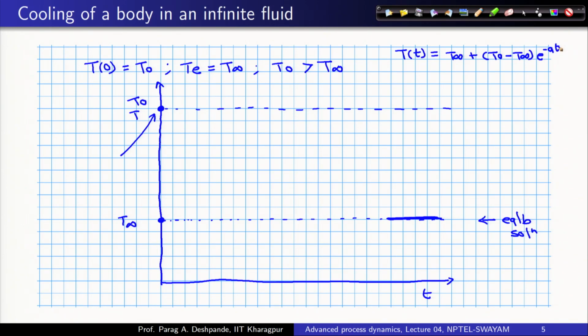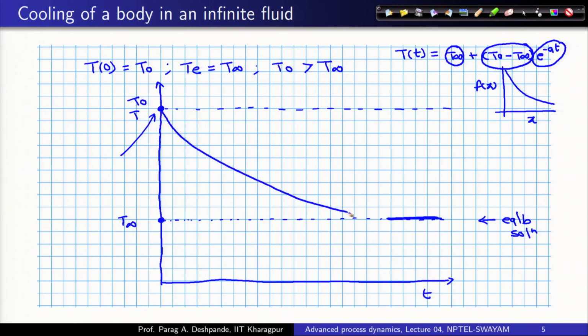So, what do I do? I start with T 0, and because of this exponential decay, the typical behavior of an exponential decay, f of x versus x is this, right, and then this would be augmented with T infinity and T 0 minus T infinity. So, the way the phase line would look like is this. This is one of the phase lines.